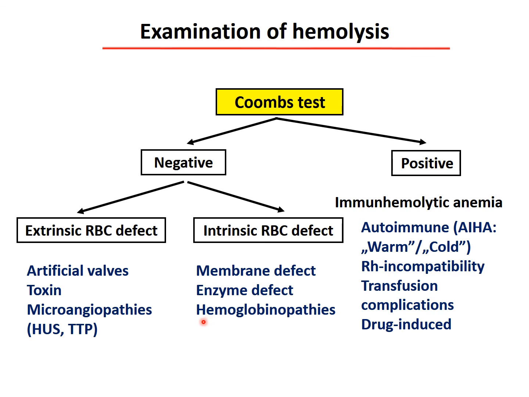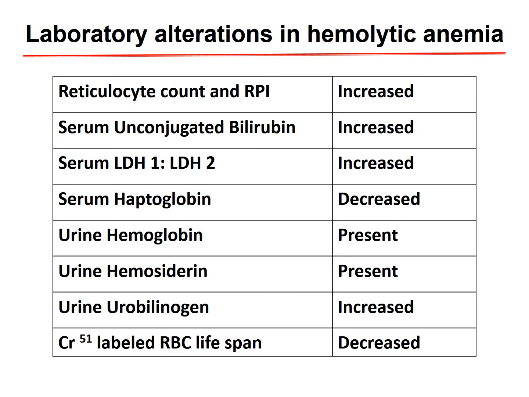If it's an immune-mediated process, you can find warm or cold antibodies, or maybe Rh incompatibility, transfusion, or some kind of drug-induced problem. Penicillin can cause it, chloramphenicol can cause it. A lot of drugs can induce hemolysis and autoimmune hemolysis as well. Now, this is the summary of the laboratory findings in hemolytic anemia.